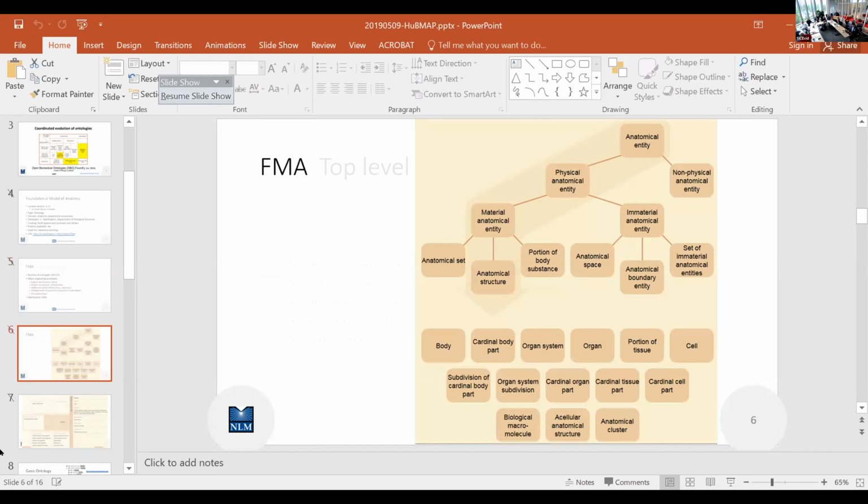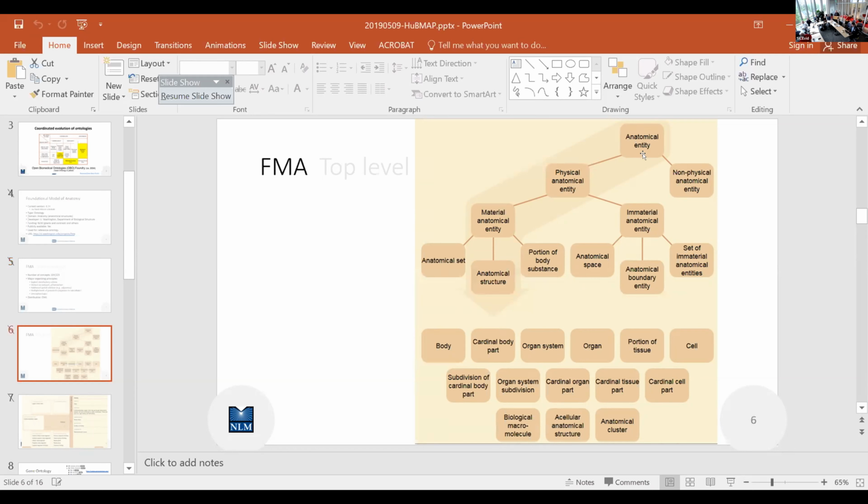And that's to show you a little bit what it looks like. So you have this top level that's already very carefully designed. Anatomical entity is divided into these concepts that are not too meaningful, if you wish, but they are very important when it comes to structuring the bottom concepts.